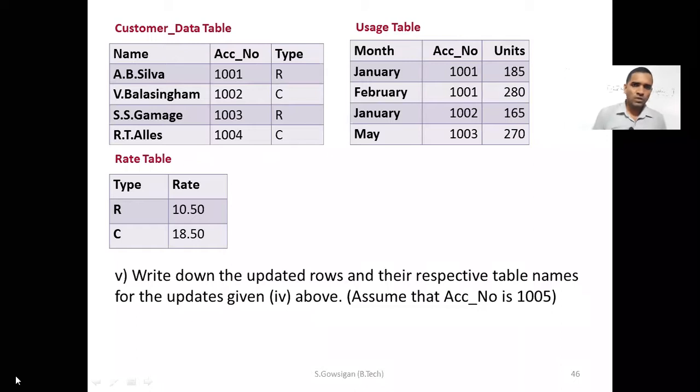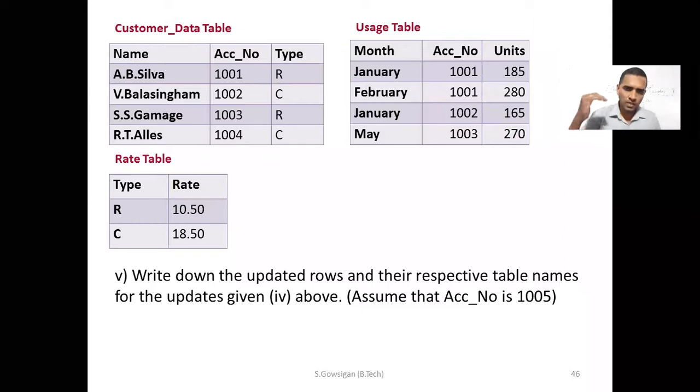Even though they miss the word respective table name here, you have to mention the table name, because you mentioned 2 tables. In question number 4, you suggested 2 tables to be modified, the customer data table and the usage table.